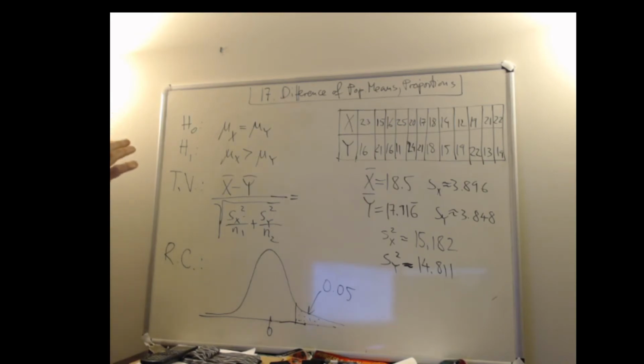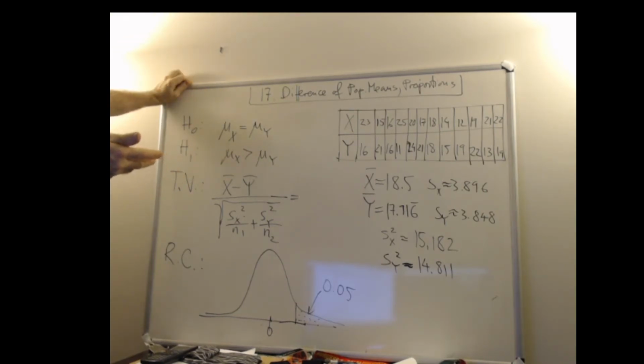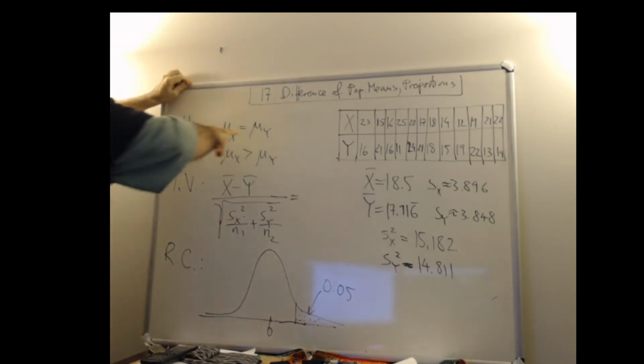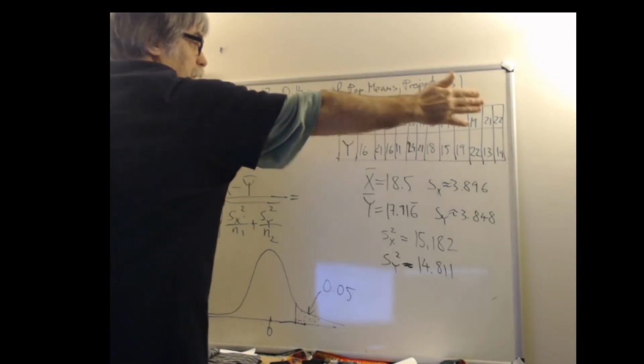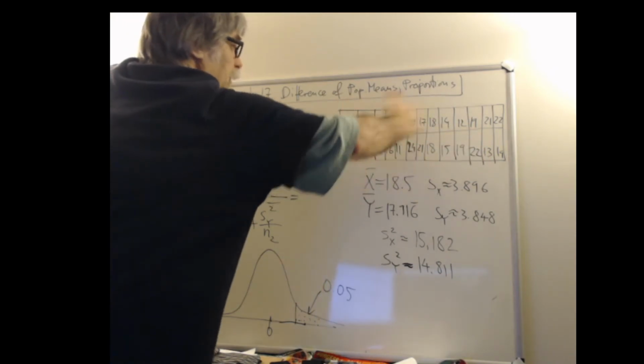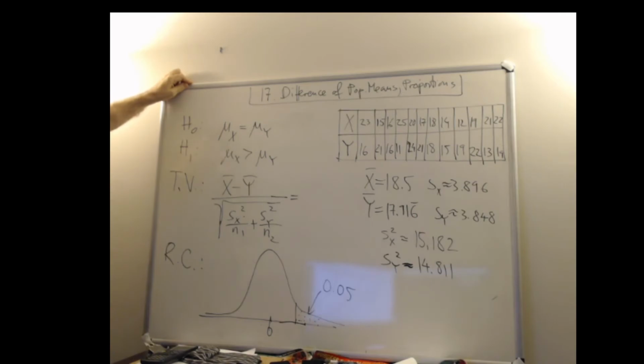First of all, what am I testing here? I should really refer to that from the beginning. I'm testing whether the drug is drowsy or not. So the assumption is the drug is not drowsy, that the test results with the drug and without the drug are going to be about the same. That's the null hypothesis.